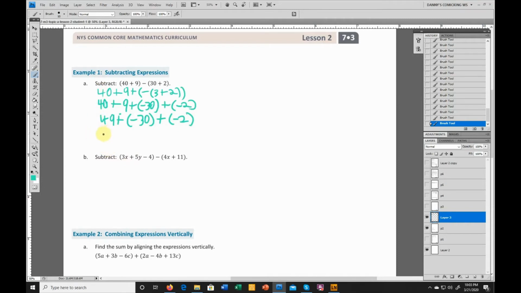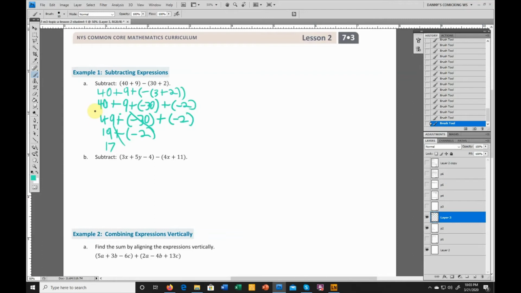So this becomes 19 because we've minus 30 from it, so we're going to take 30 away, plus minus 2. 19 plus minus 2 is essentially 19 minus 2, which is 17. That is the opposite of the sum is the sum of its opposites.